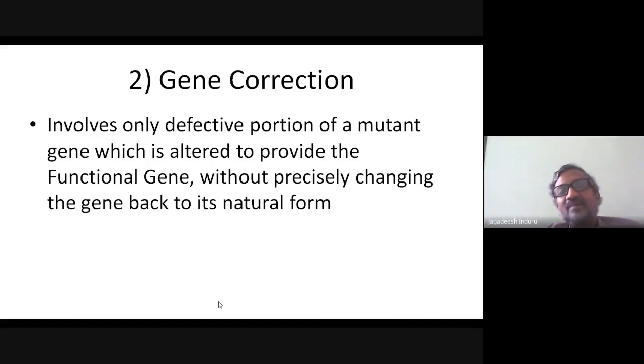The correction may be by simple deletion. Sometimes, if some extra fragment is present, the correction will be done by simple deletion. Sometimes it will be insertion, where we insert a particular component in that particular place. Most of the times, how we correct it depends upon what type of problem the patient is having.